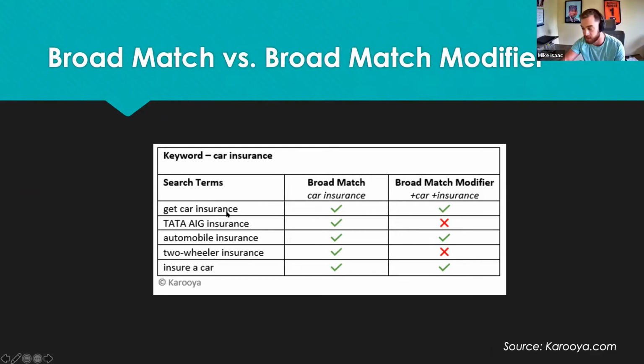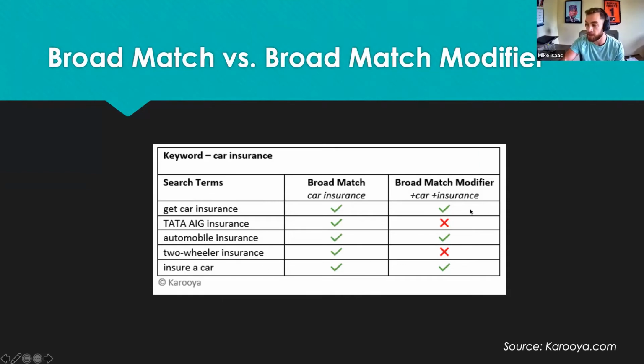So car insurance, obviously, because it includes car and insurance. Tata AIG insurance would still be triggered because it includes the keyword insurance. Automobile insurance would still be triggered because Google's going to consider automobile a very close variation of the keyword car. Two-wheeler insurance because it includes the word insurance, and then insure a car, same type of thing.